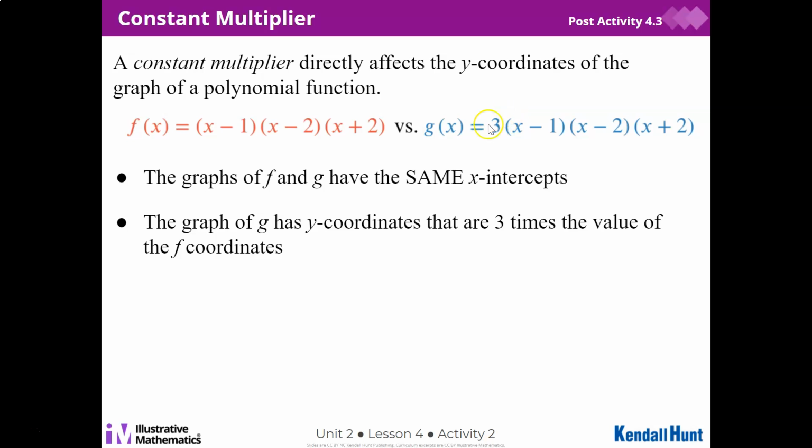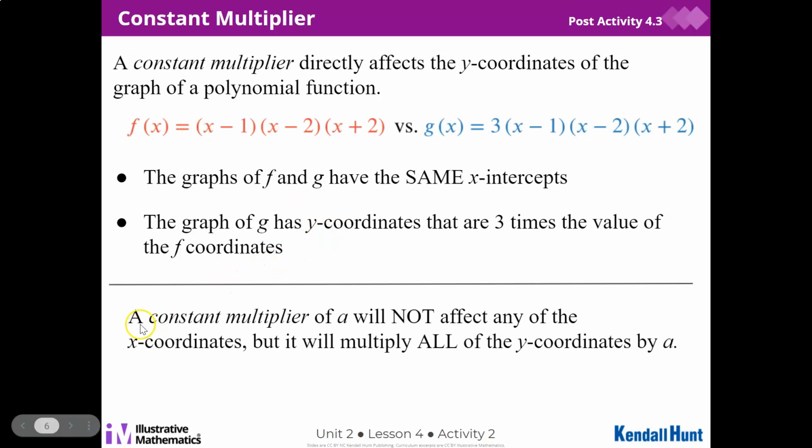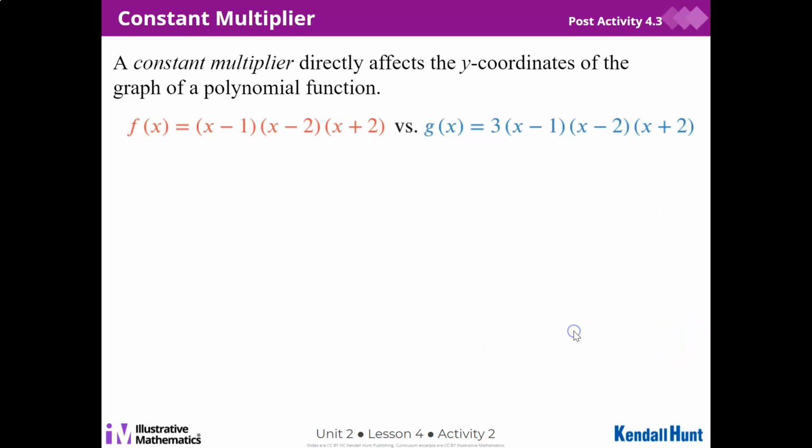Function g, since it has a constant multiplier of 3, will have y-coordinates that are 3 times the value of f. So here's the rule. A constant multiplier of a, we're just going to call this value a, will not affect any of the x-coordinates, but it will multiply all of the y-coordinates by the value of a.